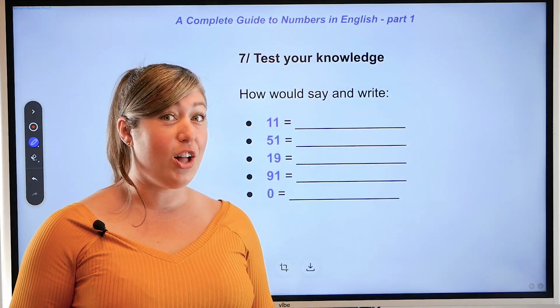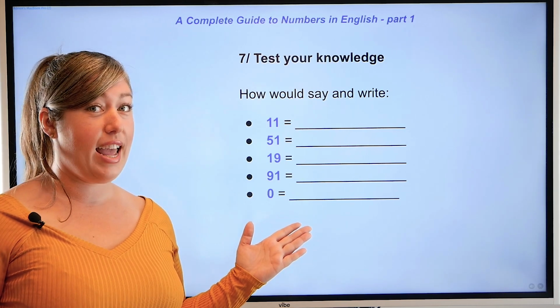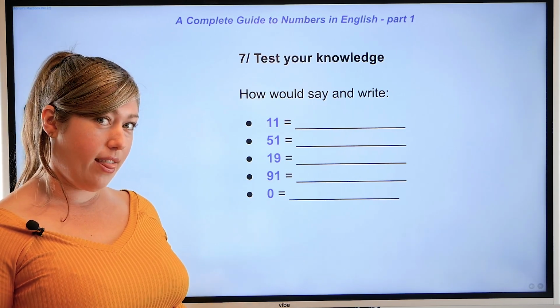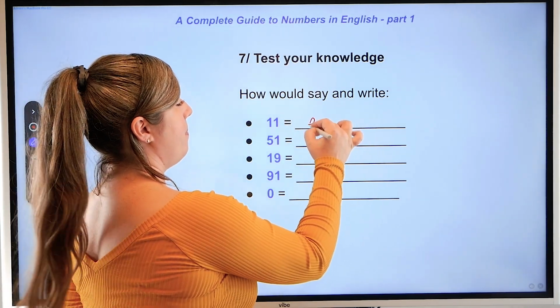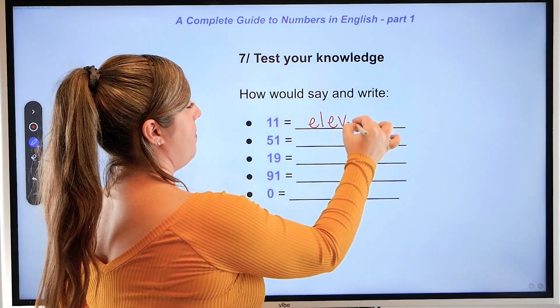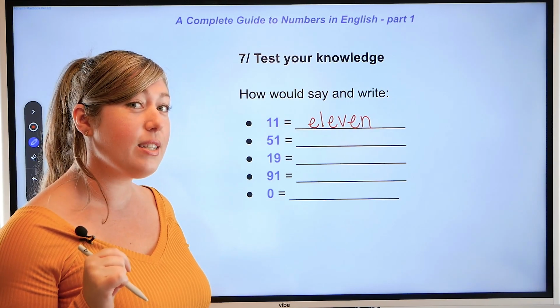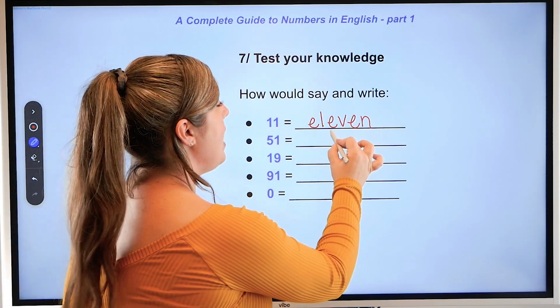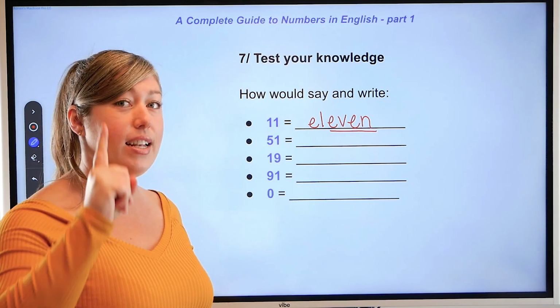Now let's test your knowledge. I've got some numbers here, which you probably know how to say, and hopefully you know how to write them. Are you going to put the stress where it belongs? That's right. 11. Stress on the second syllable. 11.